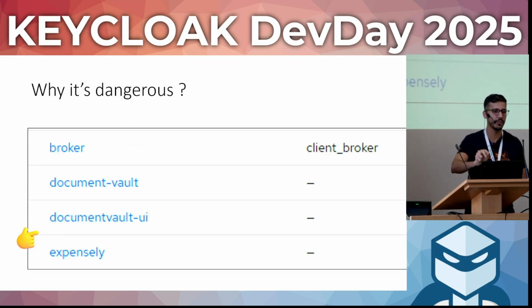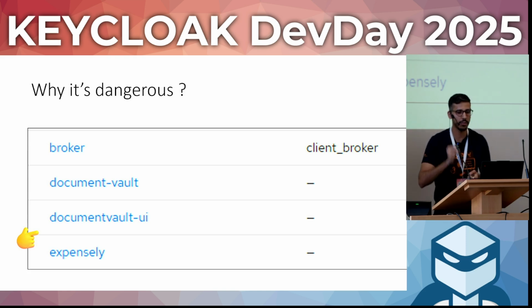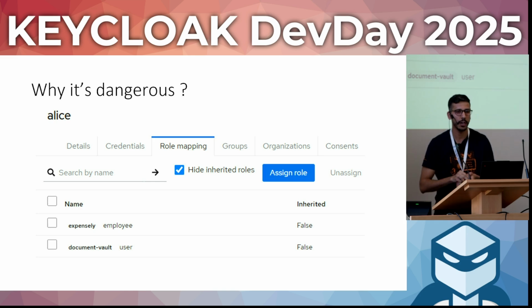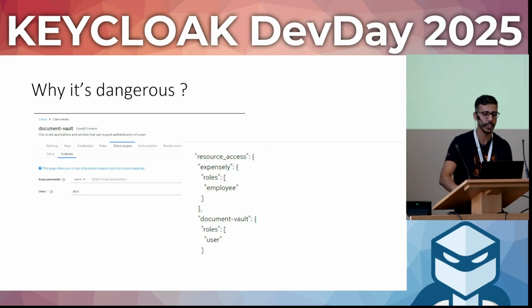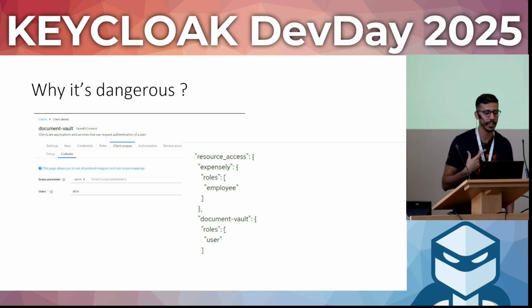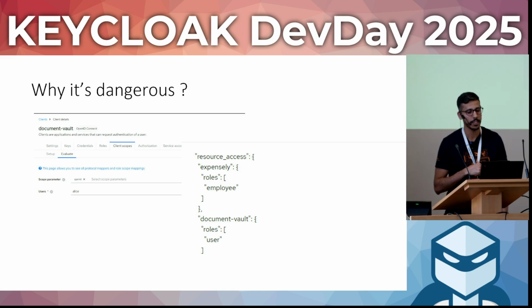Let's suppose that we have two client applications, Document Vault and Expensely, and a user who has two roles in both applications. Here, as the first application, Document Vault, when I request an access token, I will get not only the roles of this user inside my application, but all the roles that the user has even in other applications.